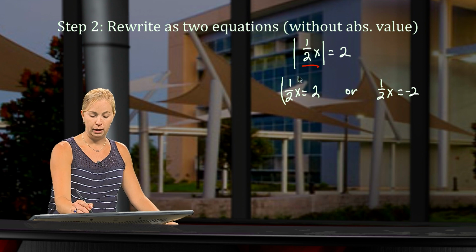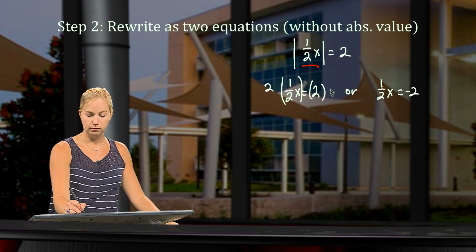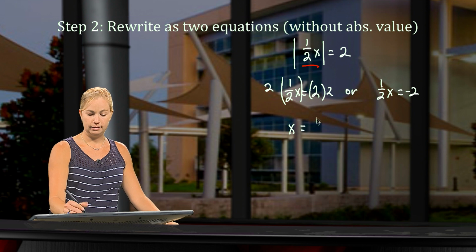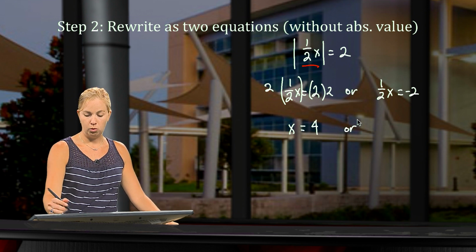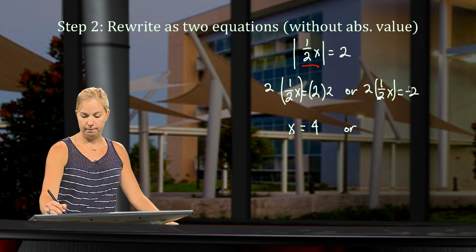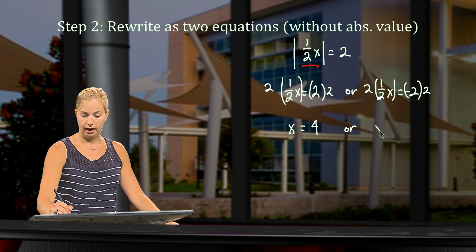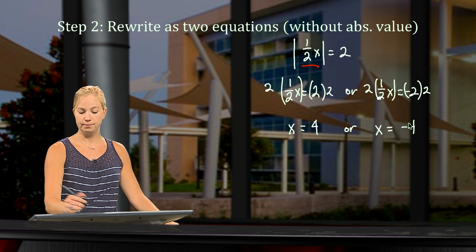Solving both by multiplying both sides by 2, x is equal to 4, or x is equal to negative 4.